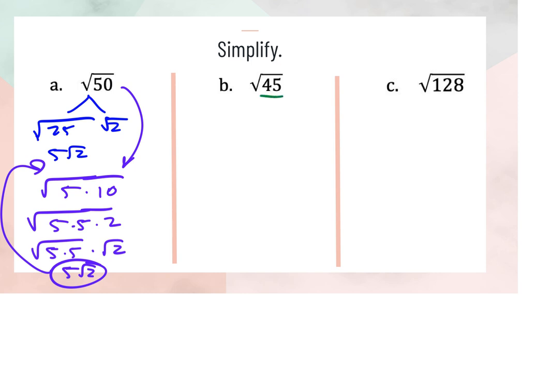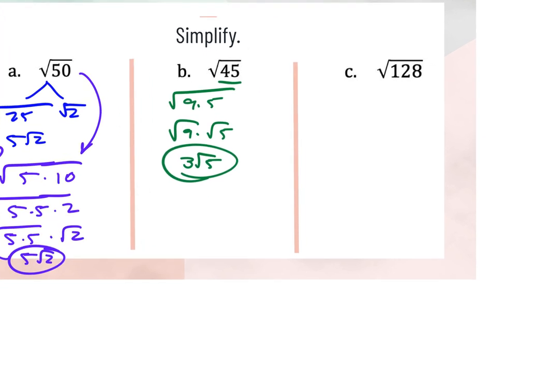For 45, most of you are going to divide by 5, so that's fine. You get 9 times 5. The square root of 9 times the square root of 5 is 3 square root of 5. For 128, most people are going to say, hey, I can divide that by 2, but that does us no good. I can split that into 4 and 32, and that's fine.